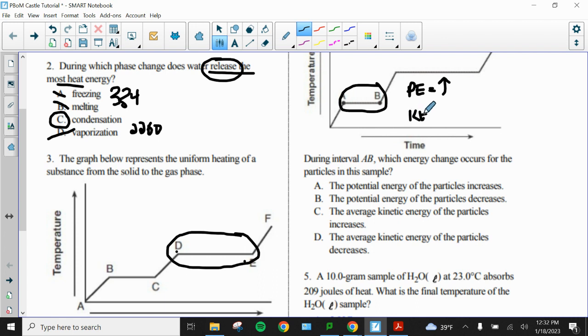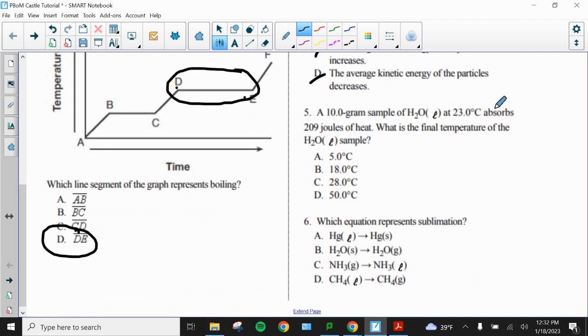We know that the kinetic energy is staying constant. So potential energy increases. The potential energy of the particles increase. That works. Potential energy decreases. That's wrong. Average kinetic energy of the particles increases. No. Average kinetic, nope, that stays the same. So this only wants one. Some of these answers will want both. Okay.